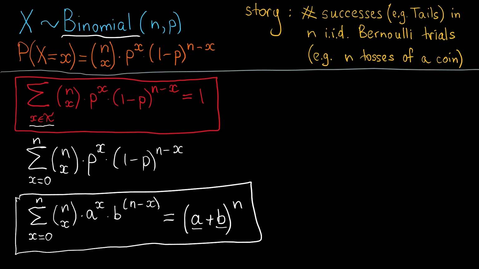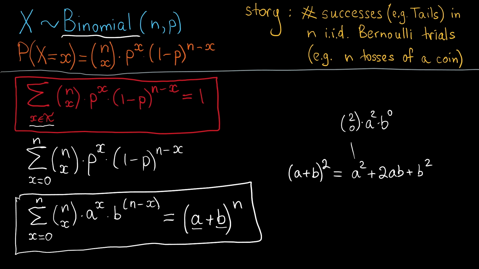And you've used it, I'm sure, plenty of times when, for example, evaluating a plus b to the second power, that's a squared plus 2ab plus b squared, where these terms can be viewed as follows: this is 2 choose 0 times a to the power of 2, b to the power of 0.